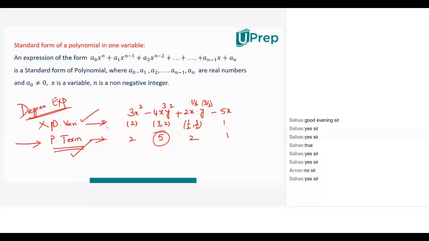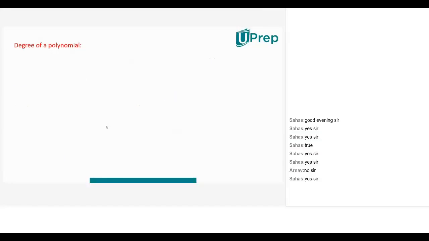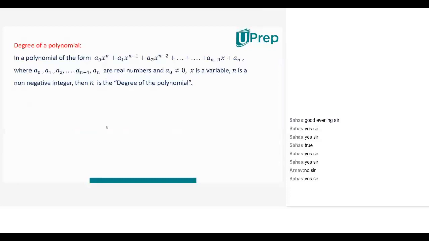So when it comes to degree of a polynomial for one variable, no problem. The highest power which exists, such that, now this is the most crucial thing. Yesterday only I was having an Olympiad class where people neglected the conditions. A0 should not be 0.